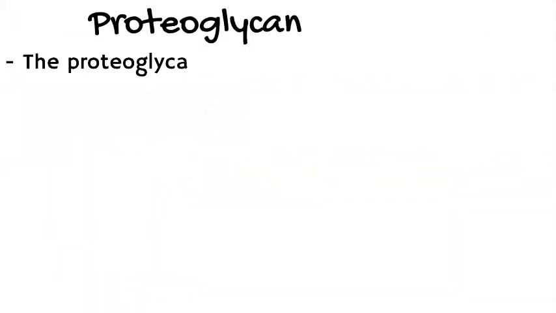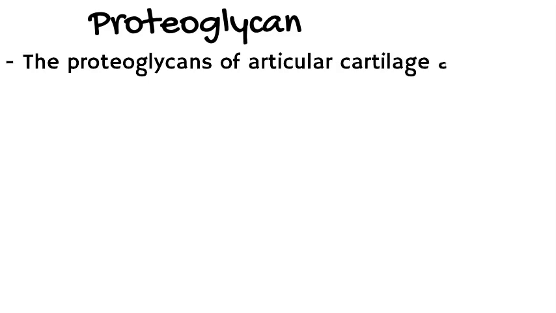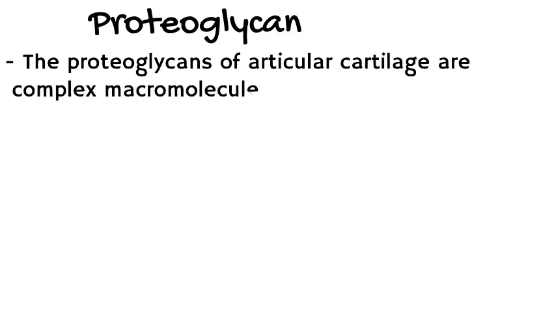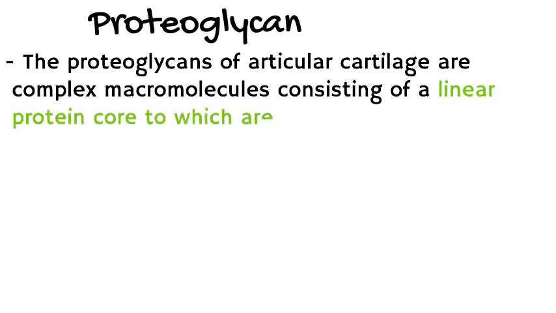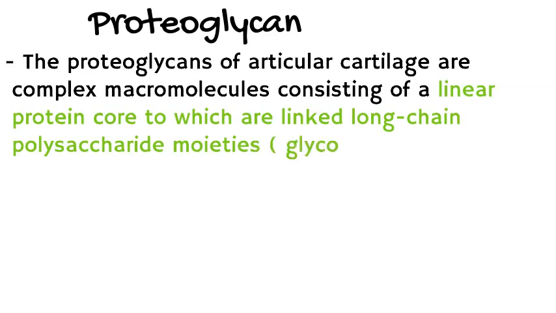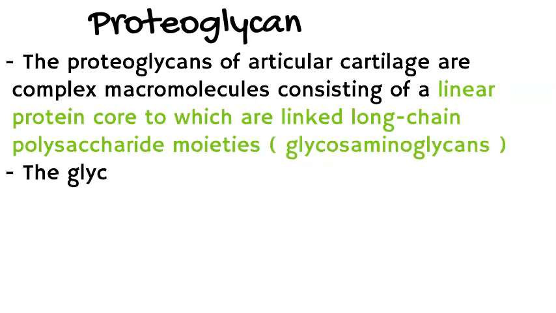The proteoglycans of articular cartilage are complex macromolecules consisting of a linear protein core to which are linked long-chain polysaccharide moieties, glycosaminoglycans.